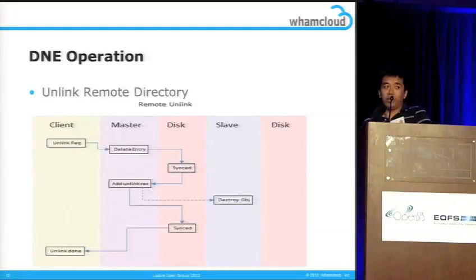Then there's another thread, the log sync thread, on the master MDT. It will read these unlink logs and send the request to the slave MDT to destroy the object. But this doesn't need to be synchronous, because you already deleted the directory from the namespace, so it doesn't matter. The log sync thread will take care of that.